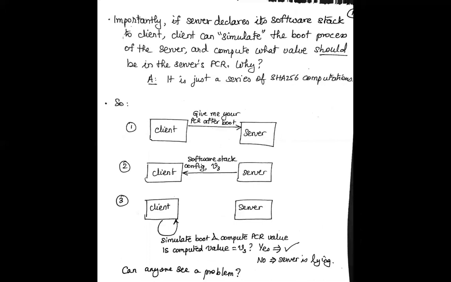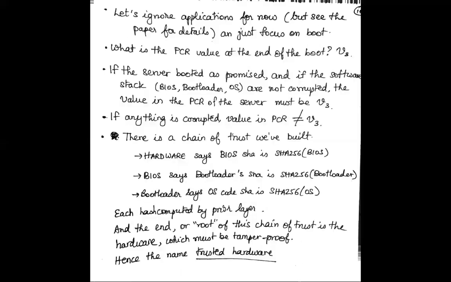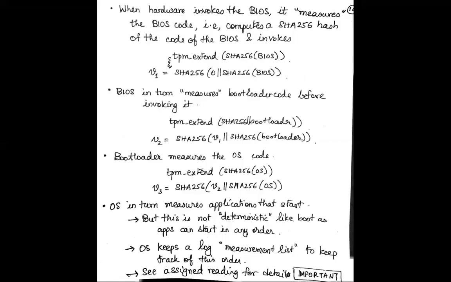All right. So if the server actually declares its software stack, the client can simulate the boot process of the server and compute the PCR. If the server is saying, look, this is the version of the BIOS, this is the version of the bootloader, this is the version of the OS, the client can compute the SHA on their own, and they can actually simulate the boot process of the server, and they will know exactly what value should be there in the server's PCR.